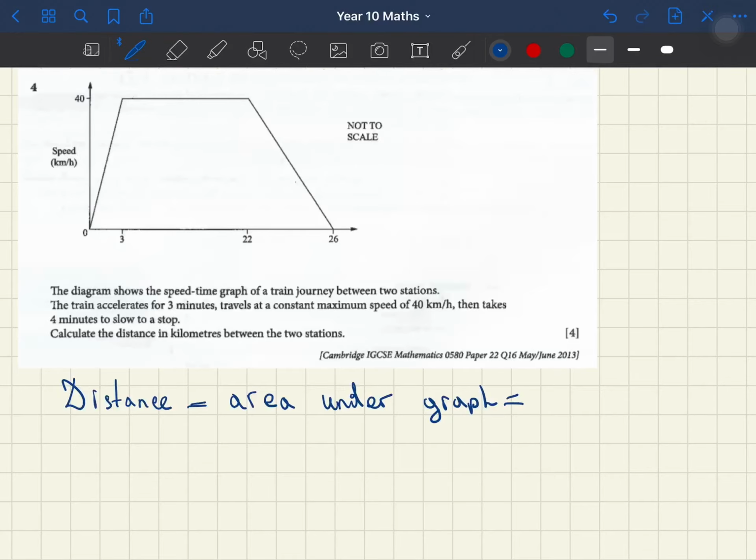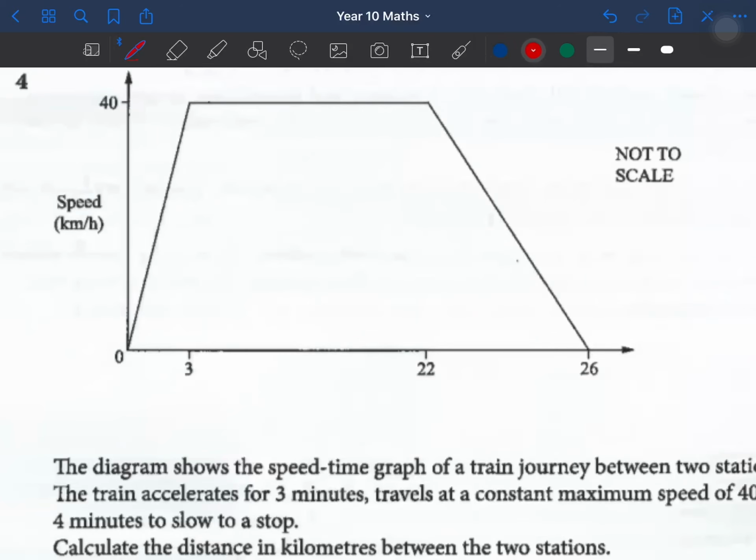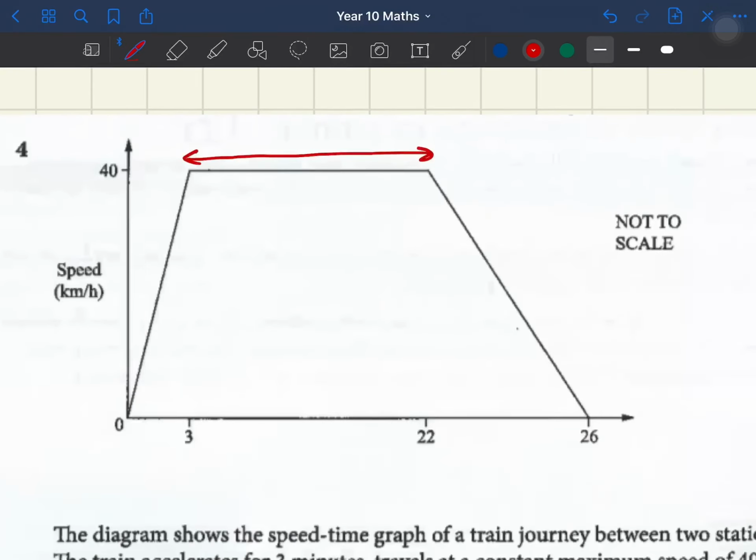And this time, I don't want to divide it into shapes, because this is actually a trapezoid. Here, this side is going to be 22 minus 3, because this is 3 and this is 22.